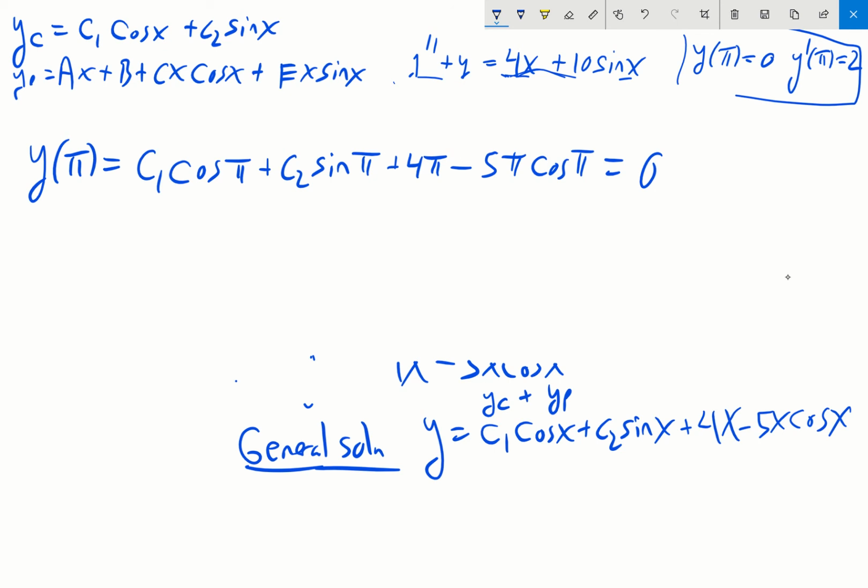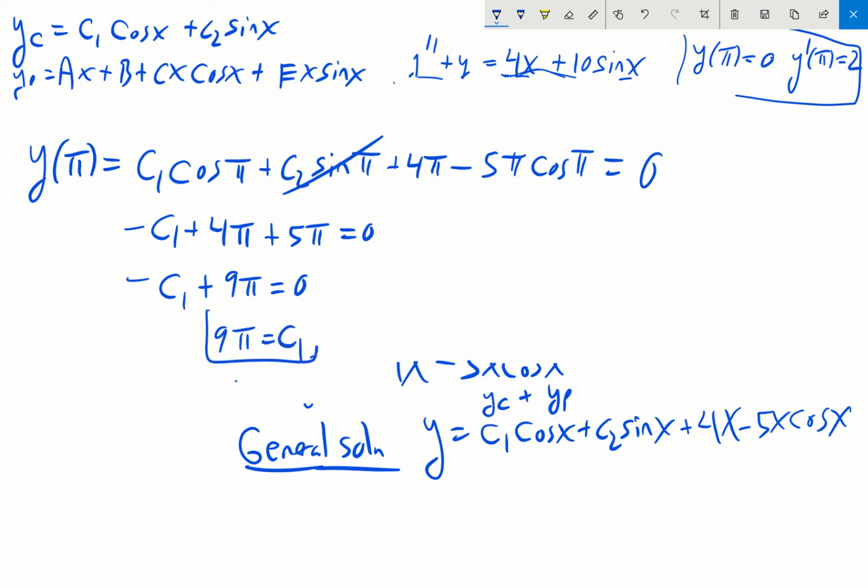Cosine of pi is negative 1, so this is going to be negative c1. The sine of pi is 0, plus 4 pi. Again, cosine of pi is negative 1. Negative 5 pi times negative 1 will give us a positive 5 pi, equals 0. So negative c1 plus 9 pi equals 0. Add c1 to both sides. We get that c1 equals 9 pi.